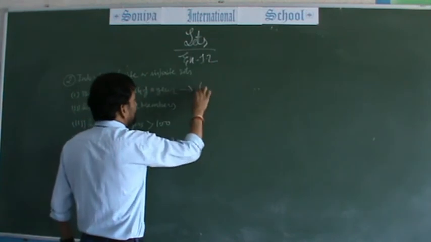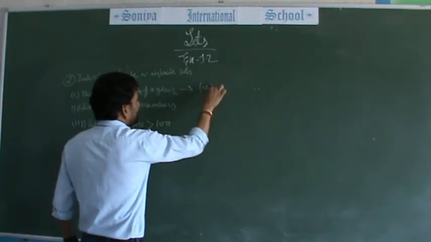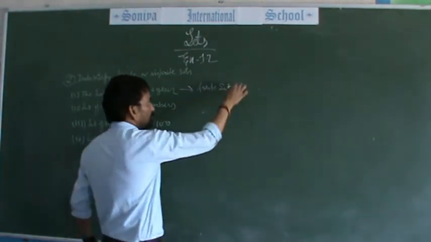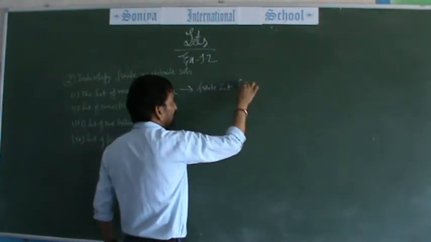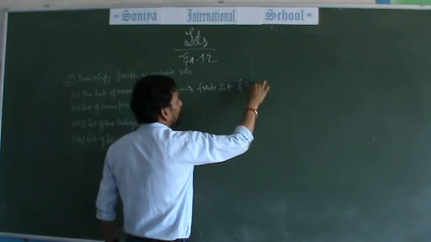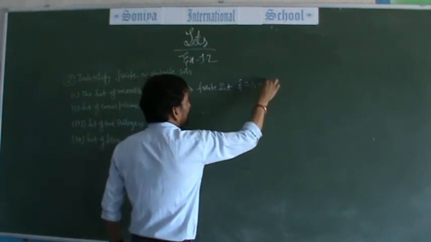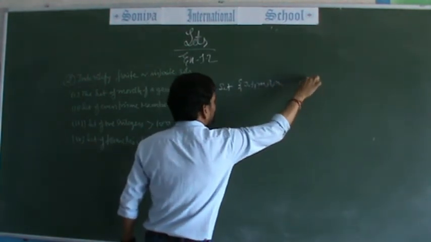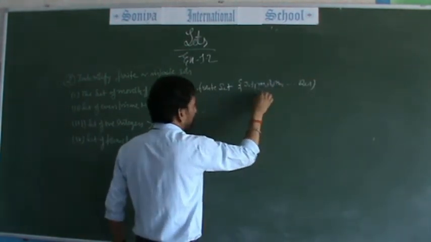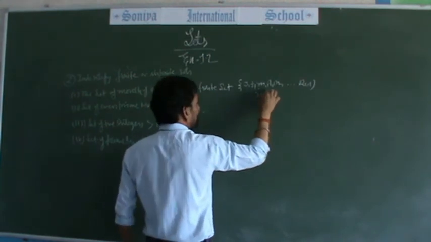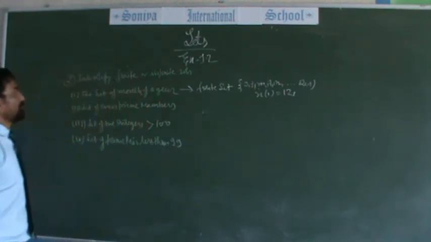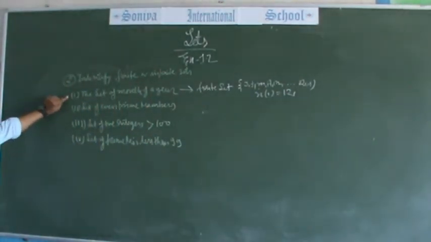So the first one is an example of finite set whose elements are January, February, March, April, May, June, July up to December, and the cardinal number for this set 1 is equal to 12. There are 12 elements in the first set, so it is a finite set.